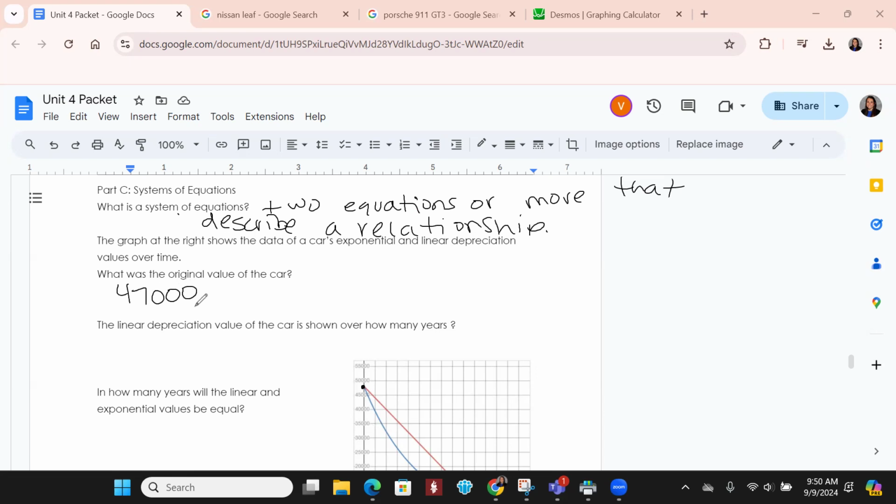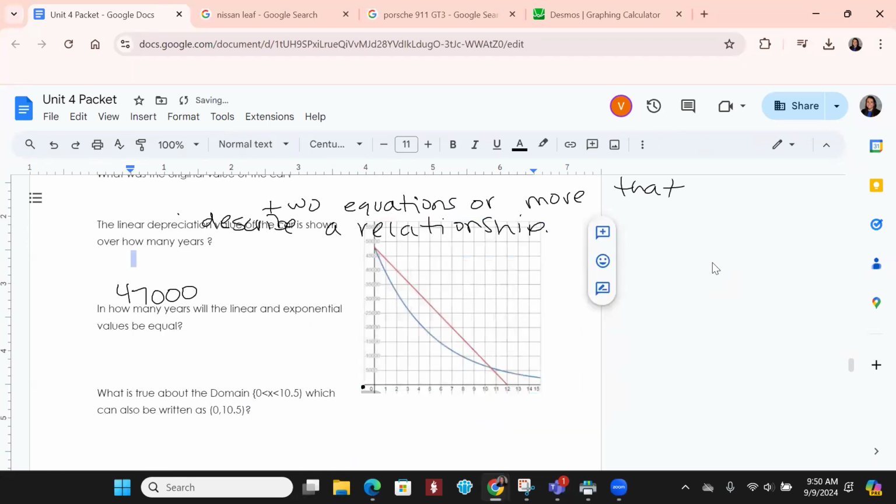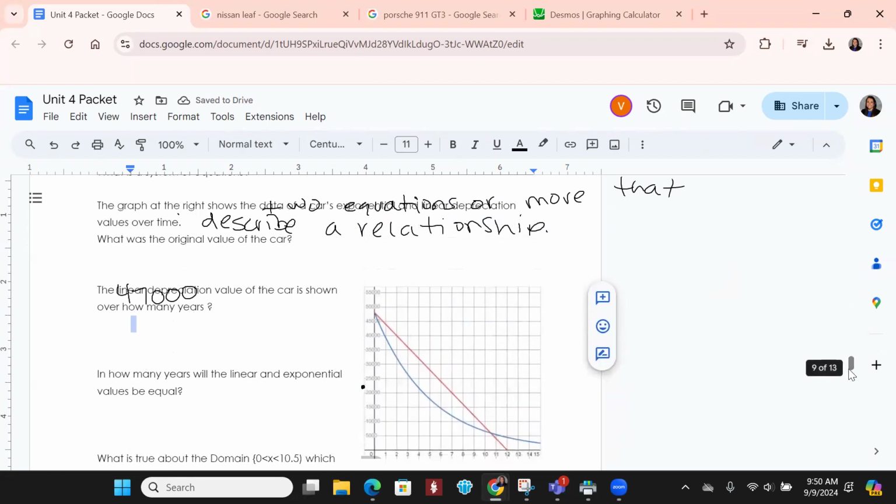The linear depreciation value of the car is shown over how many years? How long did that straight line go for? 12 years.